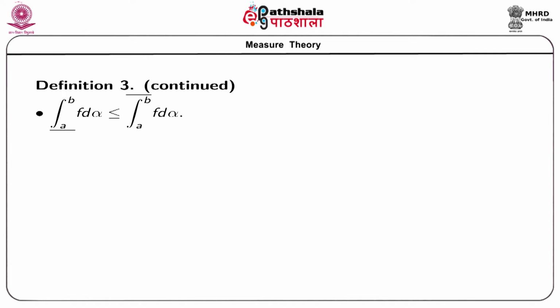And it is an easy observation, from the fact that every lower sum is always less or equal to every upper sum, that the lower integral is always less or equal to the upper integral.